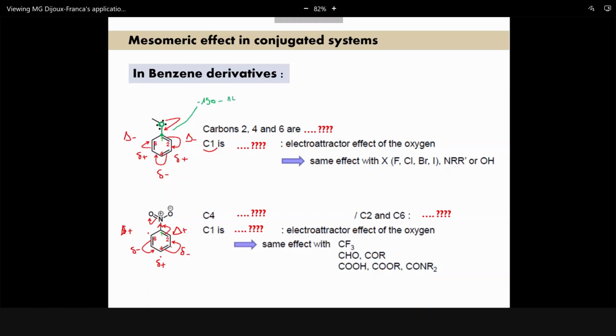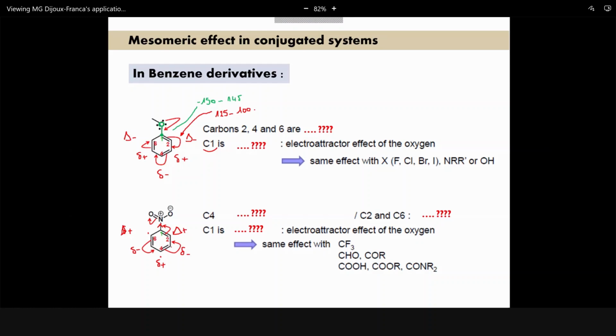And 145. But the other carbons here, the red one, will be around, we have just seen that. Well, let's give a wide range. Let's say 125 to 100 delta for the other carbons.